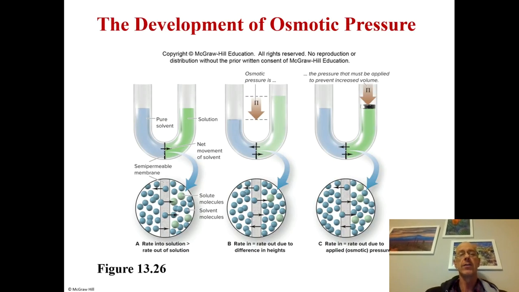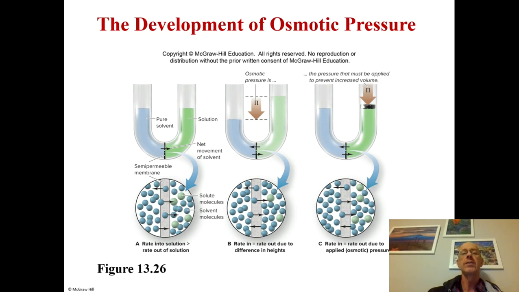And here's how this looks. On the left hand, you have a U-tube, and you've thrown in a solution and pure solvent. You start off with equal heights, but if you let them sit there, liquid will move from the pure solvent region through the black semi-permeable membrane into the solution side. And you'll notice that the liquid level on the solution side will rise up.